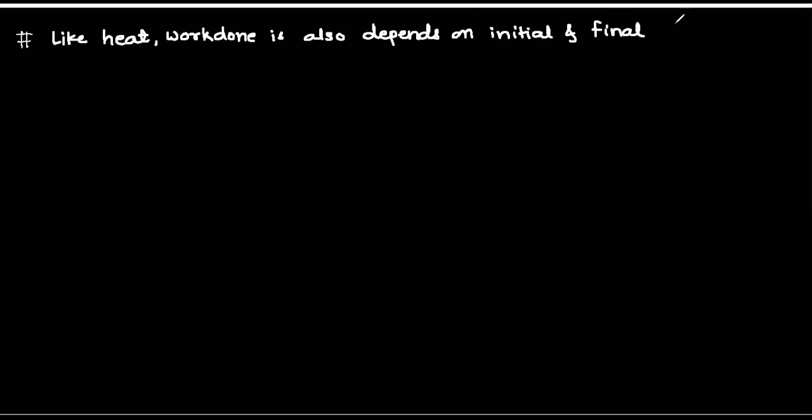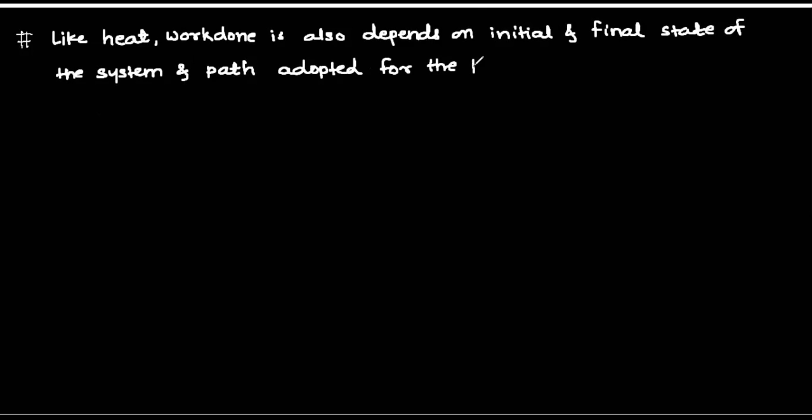How? Let us see below. Initial and final state of the system, and path adopted for the process. So how is it? Let's see.